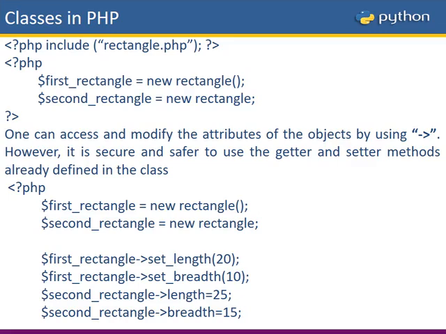So we use the setter for the length and the breadth, and the getter, using the same Rectangle. We have the first rectangle and the second rectangle, new Rectangle, using set_length and set_breadth. The second rectangle with the arrow can modify or access the attribute of the object, so the arrow points to length equal to 25, and the second rectangle arrow points to the breadth.